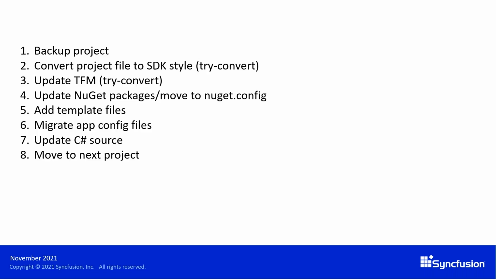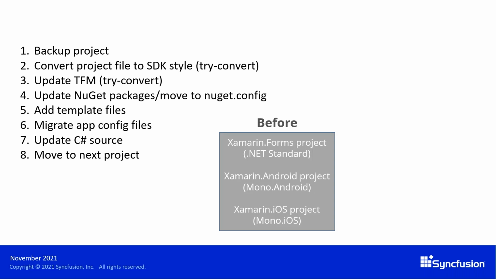What this assistant will do for us will do, of course, a backup. We'll convert all the project file, update the packages, and different steps that you can see here. So it will help us go from Xamarin Forms project with .NET Standard, the Android project, the iOS project, so the 3 projects that I mentioned before.